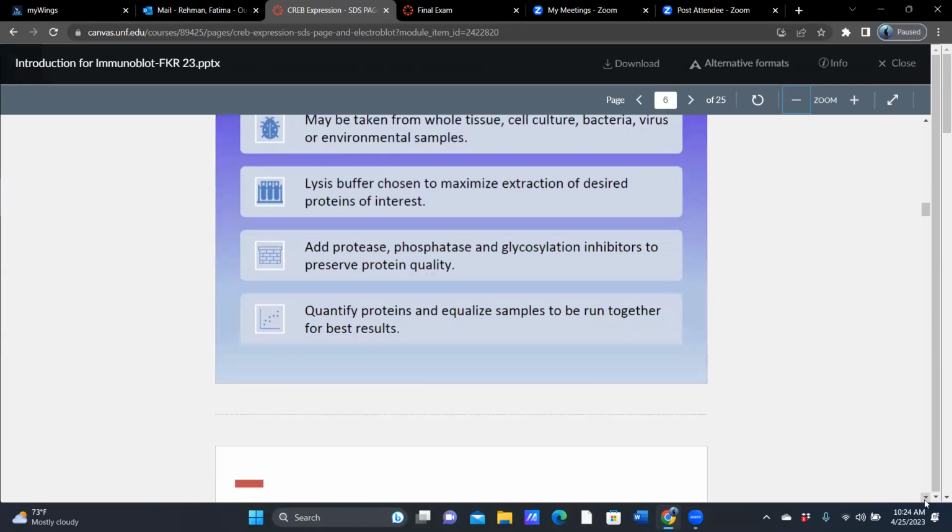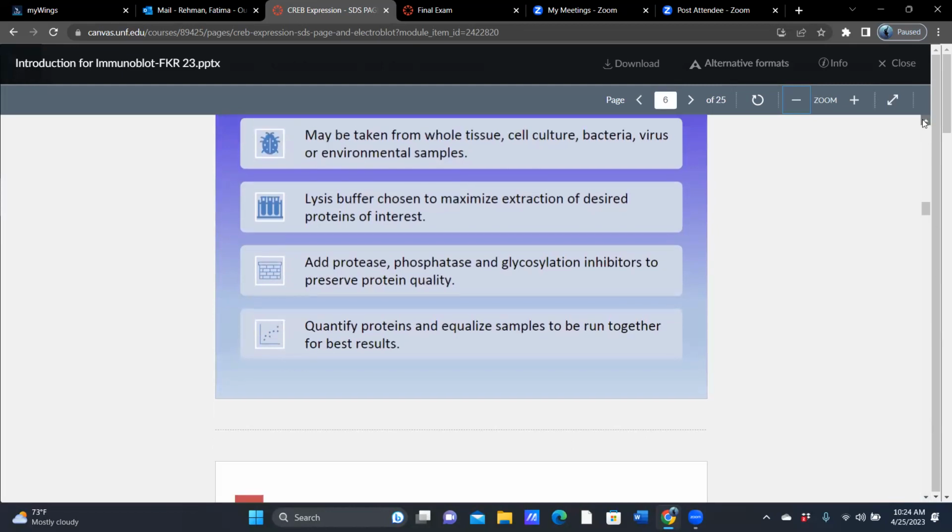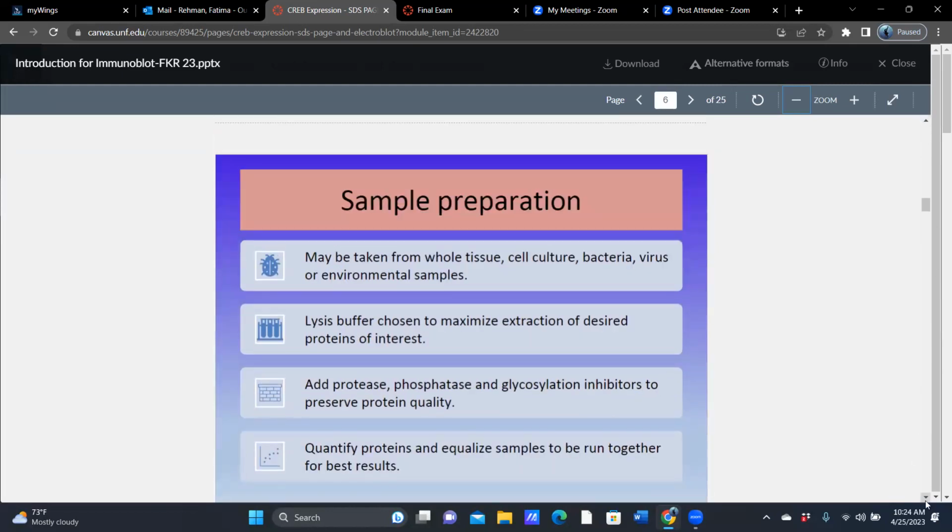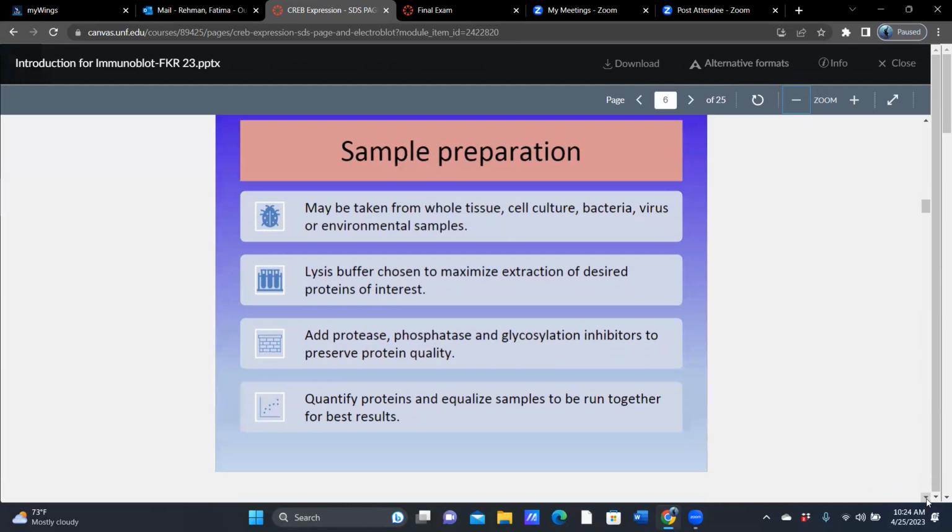For the sample buffer, for the samples, because Western blots can be used to look at the relative amount of protein, full length protein, as well as very specific phosphorylations or glycosylations, if you have good antibodies against them.